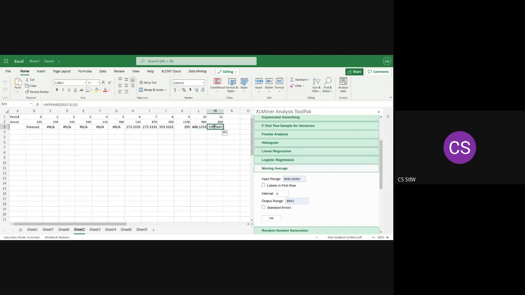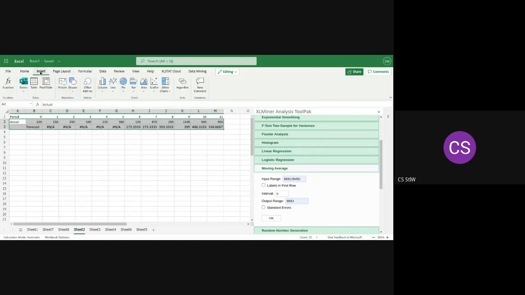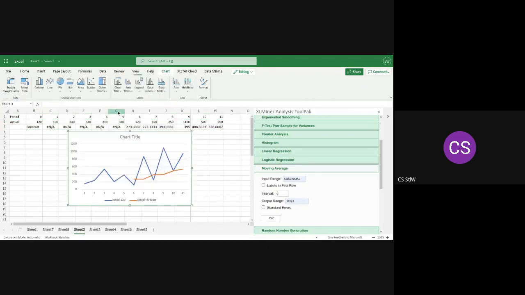So I just highlight that. You can just highlight it from the value; it won't really affect. Insert line. So you can see how different that is.